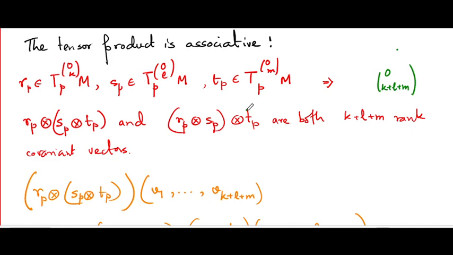To check whether it is true, what we need to do is to feed both of these k plus l plus m vectors to get to a number finally. Of course, all of these k plus l plus m vectors would have to be at the point P. And check whether the two numbers you get in these two different ways are the same or not.